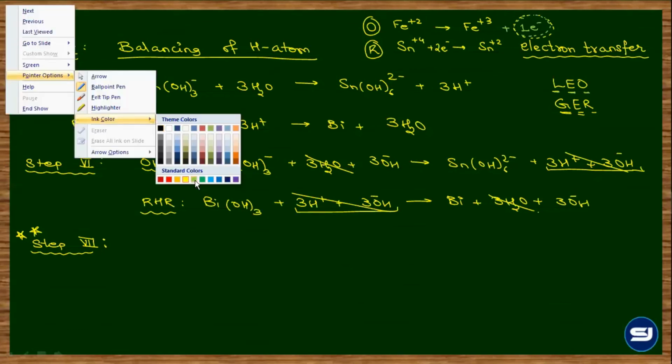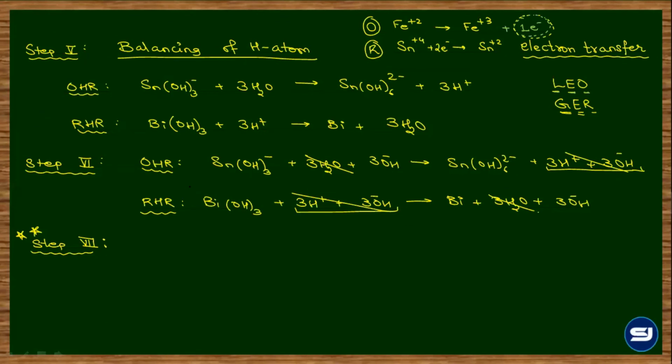Any doubt up to here? No, sir. So applying the same concept over here, you see the total charge on the left and the total charge on the right, and balance the charge using electron transfer. So step 7 is what?